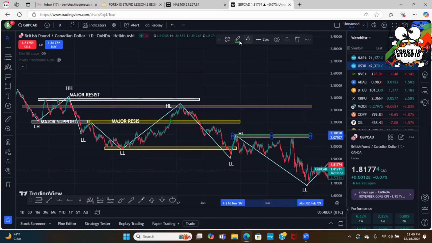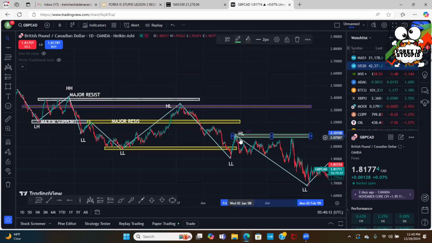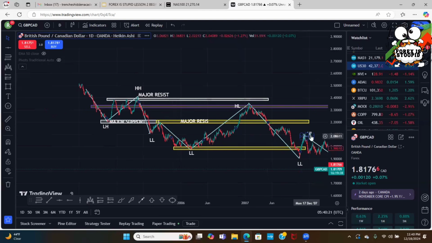And as you can see, this is this high right here. Make sure I do the wicks. Now look in the past, price has been there a couple times as a support level, and it has been there too as a resistance level.